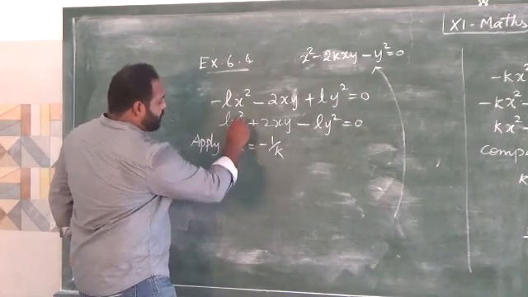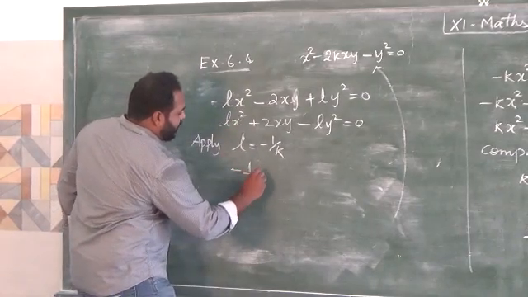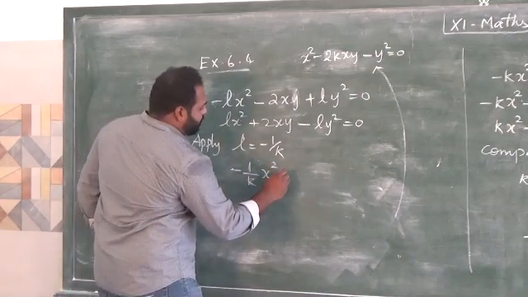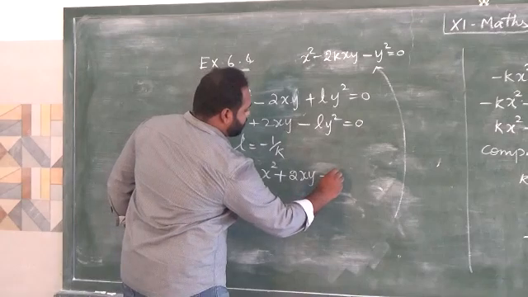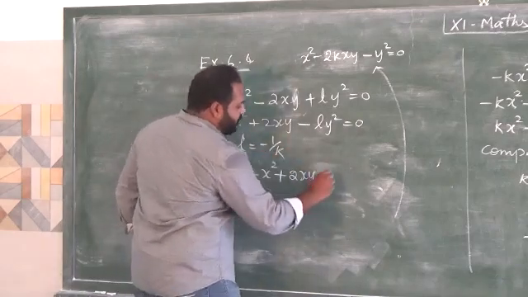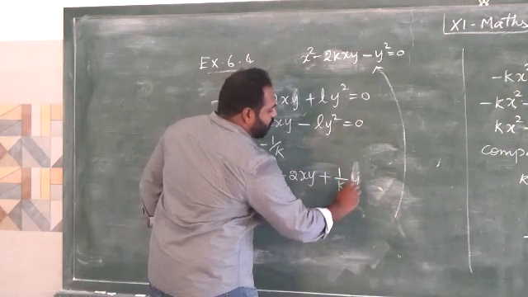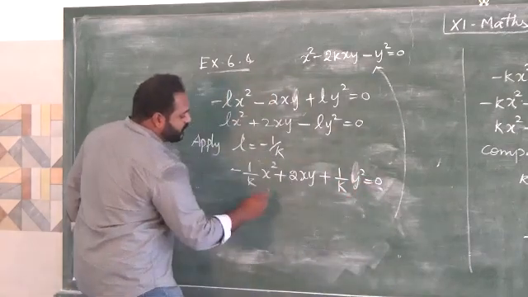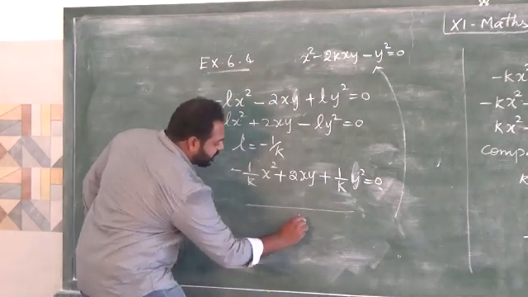Here, apply this: minus 1 by k x square plus 2xy minus, here minus 1 by k, so it will be plus 1 by k, y square equal to 0. Here two terms are in fraction form, so I am taking the common denominator k.